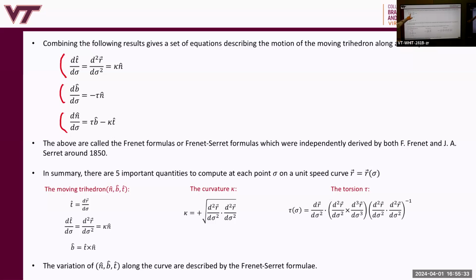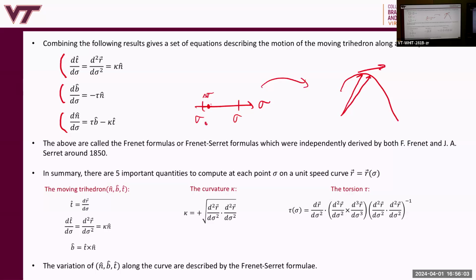Well, the variation of the tangent vector along the curve is related to the curvature of the curve. We saw that. If the tangent vector varies a lot, if I change a small displacement in sigma, right? Here's sigma naught, sigma. If I change a small displacement, so this is delta sigma, say the curve has a sharp curve, then the tangent vector here is going to be like that.